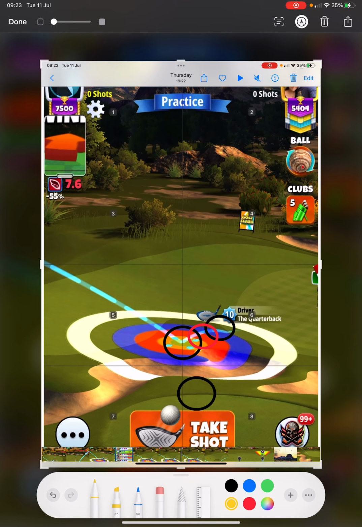So we didn't apply any curl tweaks because it just didn't seem to push over in the wind, and I don't know why that is. It's something to do with the terrain, as to why the ball doesn't push over in the air. So it does stay pretty straight.